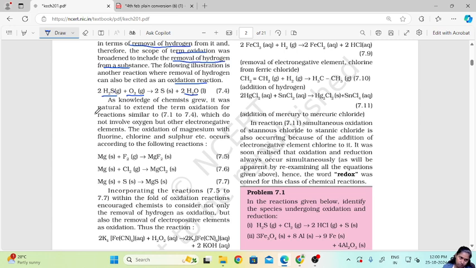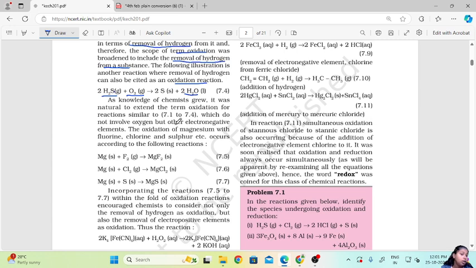So eventually, the oxidation term initially started with the addition of oxygen, then it came to removal of hydrogen, and at a point it came where there is no oxygen involved. Still we call it an oxidation reaction, for example, one involving an electronegative element.